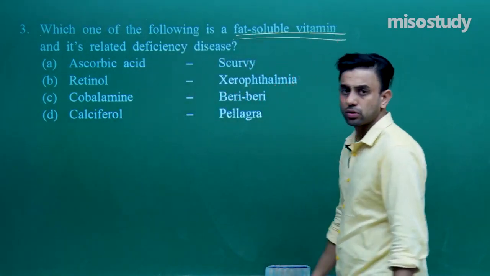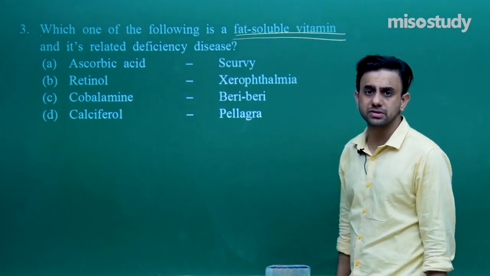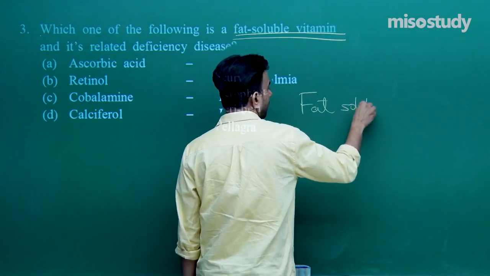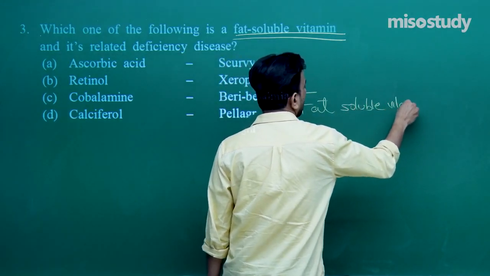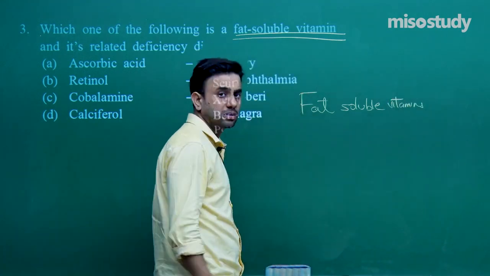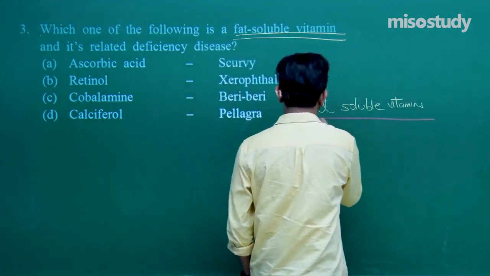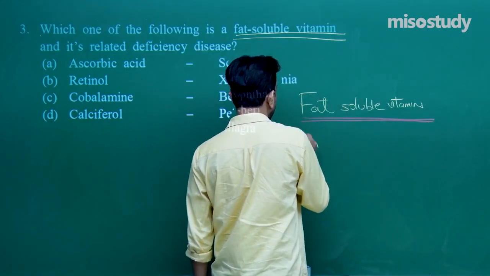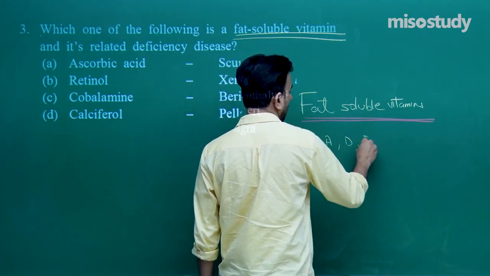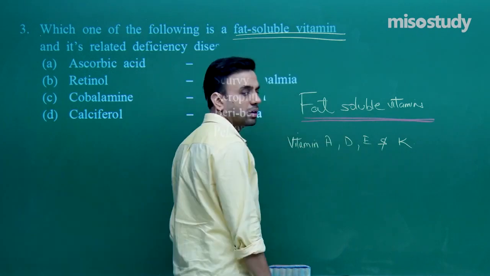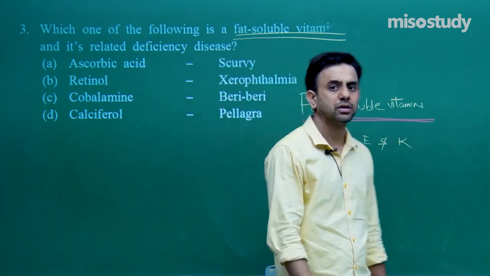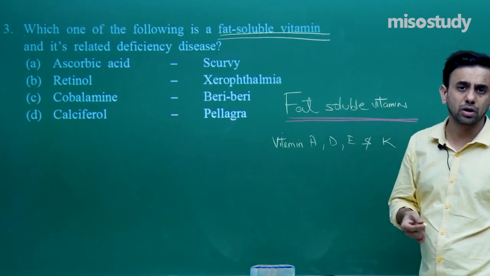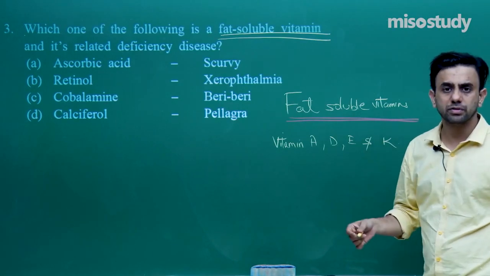First of all, let us talk about what are fat soluble vitamins. Vitamin A, D, E and K, these are all fat soluble vitamins, right. While the others like vitamin C, vitamin B complex and all that, will be the water soluble vitamins.